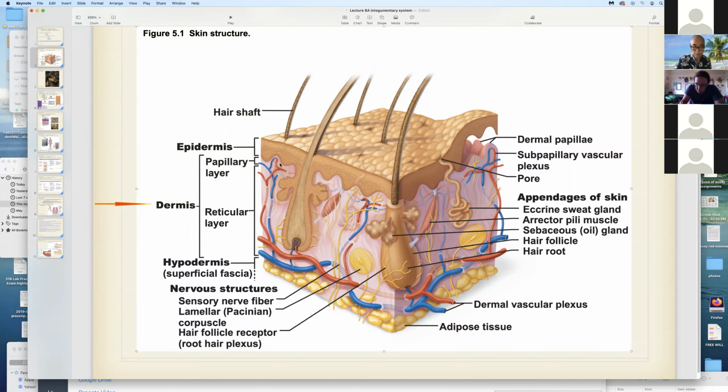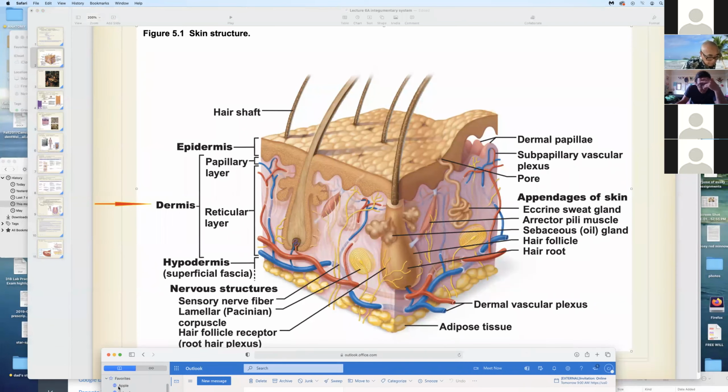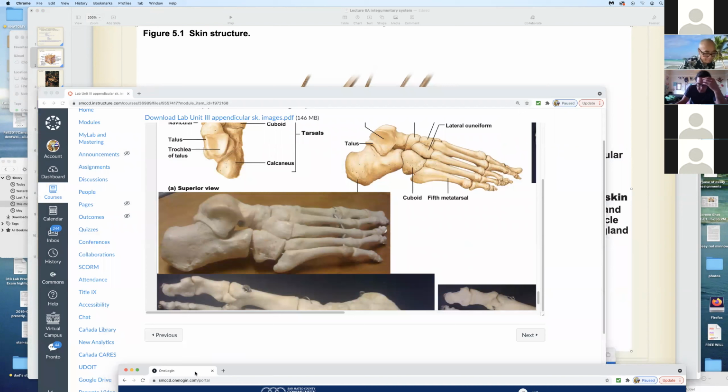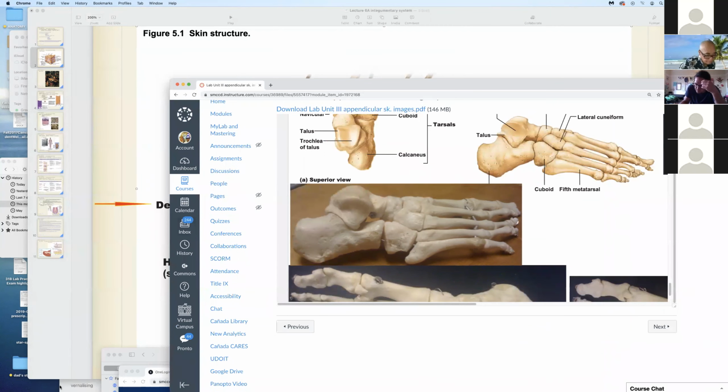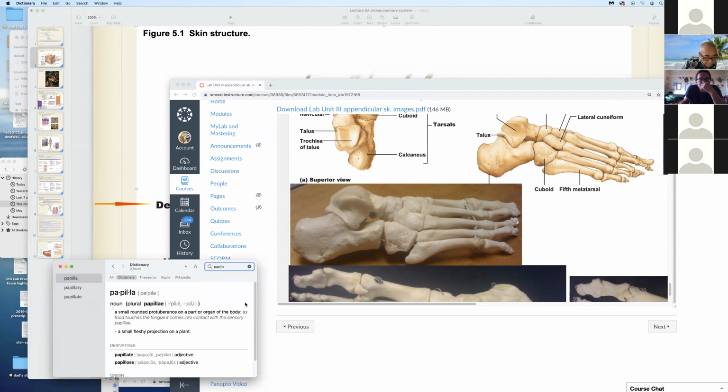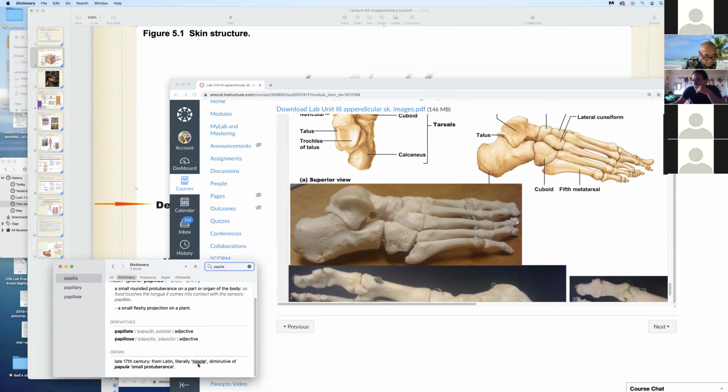The papillary layer has to do with all these items here that are referred to as dermopapillae, because they are all shaped like a nipple. Okay.